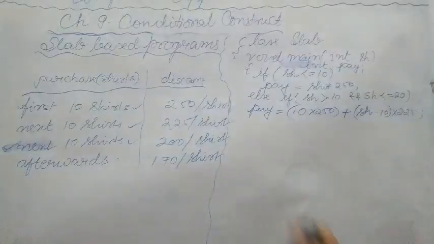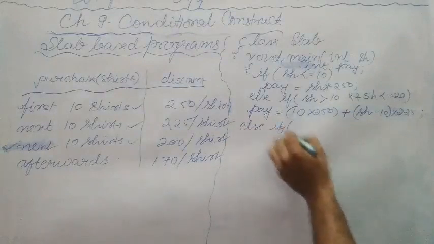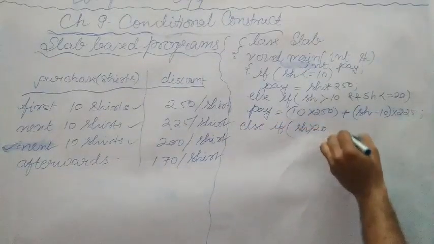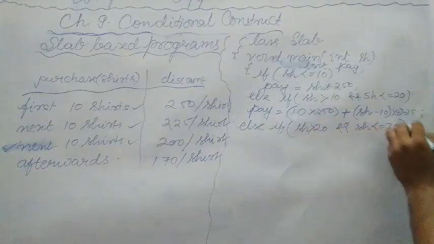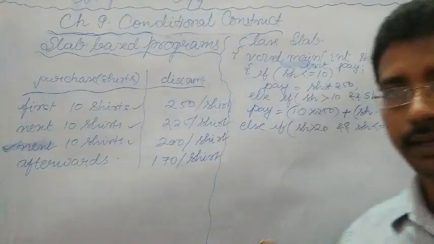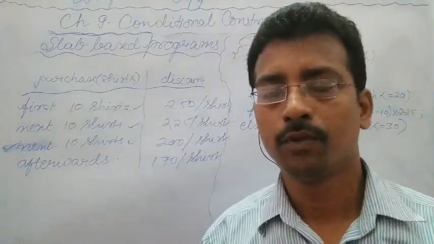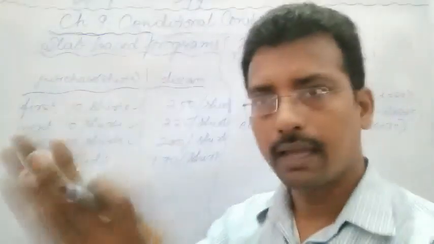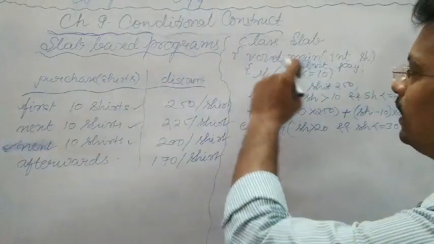Next, if your shirt count is more than 20 and less than up to 30, now you are in the third criteria. Suppose someone has purchased 25 shirts. So 25 will be broken into starting 10, second 10 and next 5. But they will not be calculated separately like this.